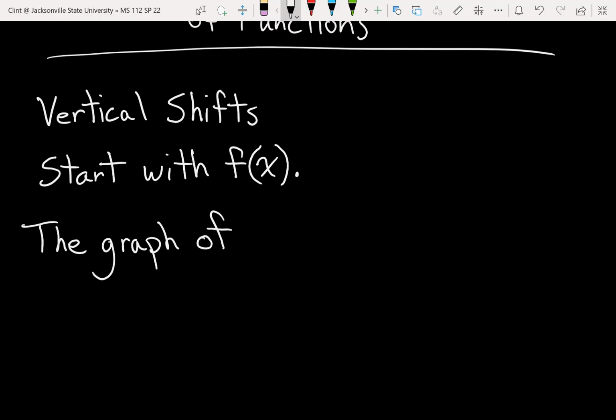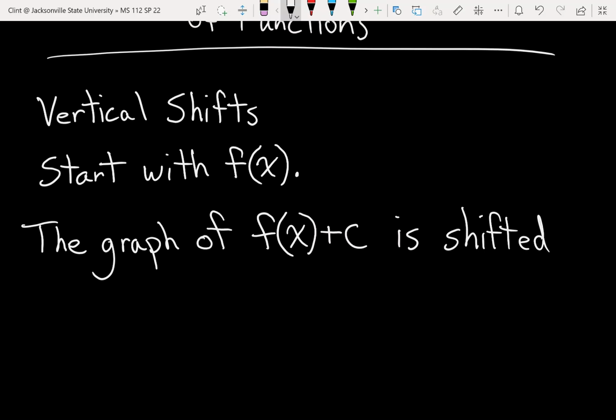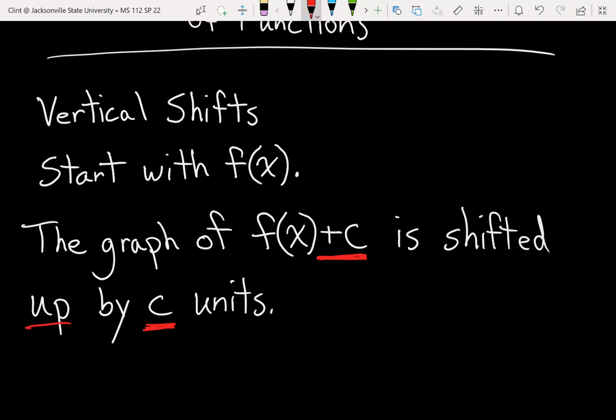If we add some number to our function, the way I'm going to write that down is f of x plus c. That's going to shift our graph vertically. If we're thinking about c being a positive number, that's how much it's going to move our graph. So if we add some number to our function, then it goes up that many units.